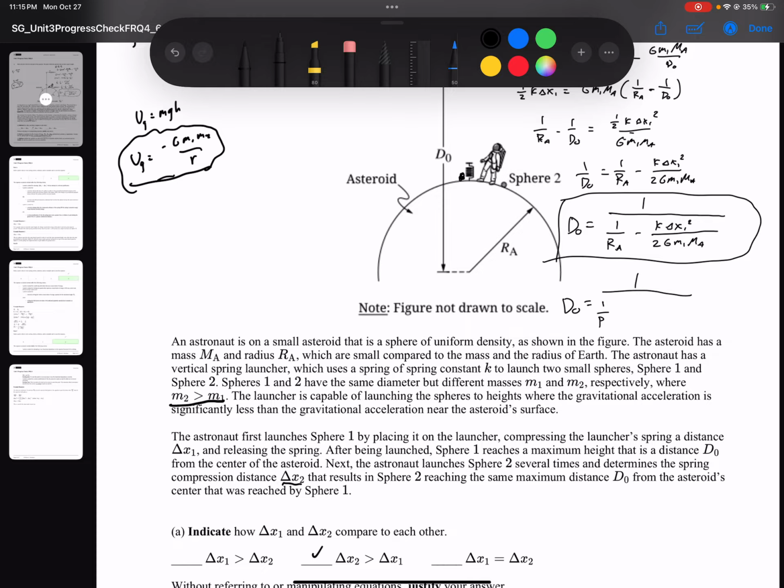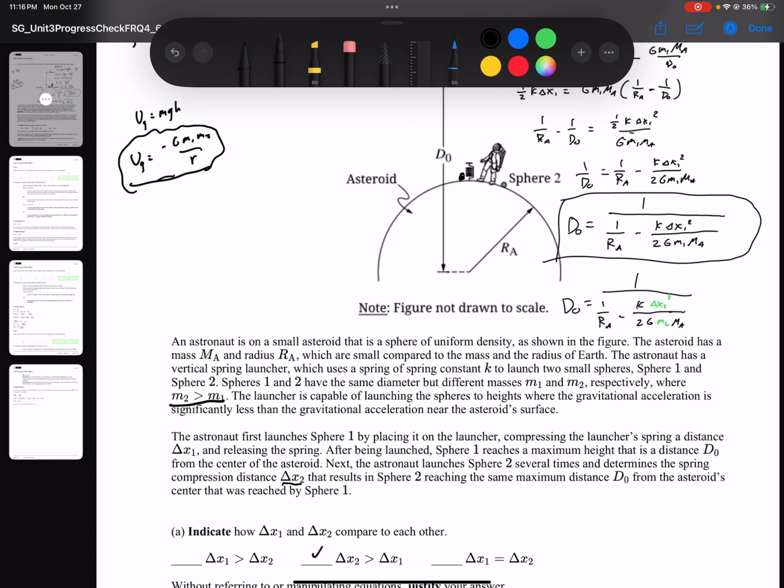So 1 over r sub a minus k times delta x2 squared, divided by 2 times g times m2 times ma, the mass of the asteroid. Okay, let's think about what's going on here.